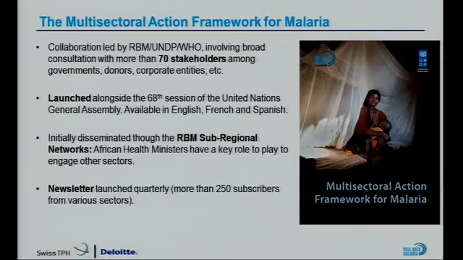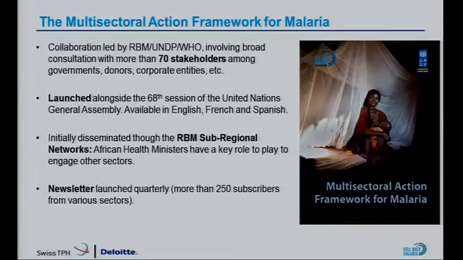So this multi-sectoral action framework for malaria was developed by more than 70 stakeholders, most notably governments, donors, but also corporate entities. It was launched last year alongside the 68th session of the UN General Assembly in New York.